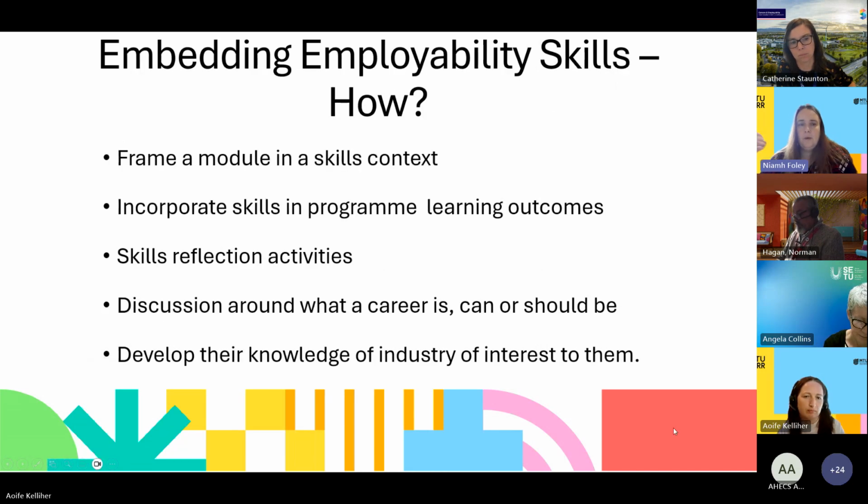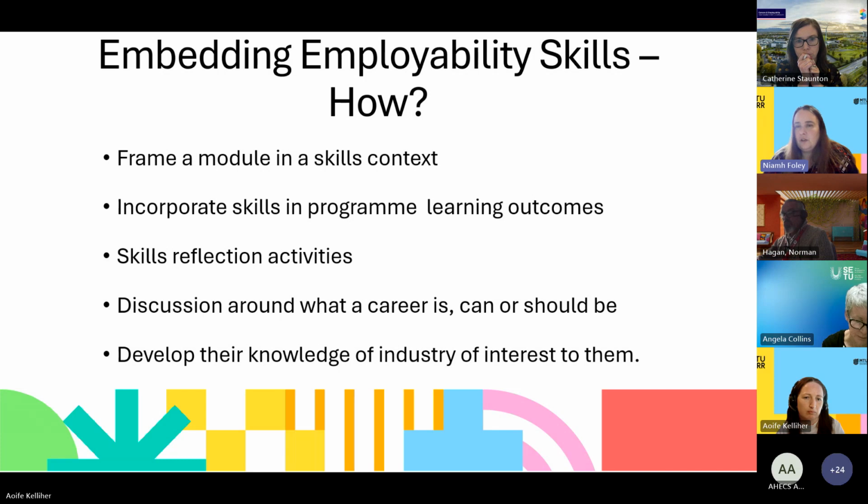So it's important, I suppose, how do we frame a module in a skills context? If we're doing a project, why are we doing the project? Do we ask the questions, and are we incorporating those skills and utilizing reflective activities for our students so that they're actually linking what they learn to the skills, to the environment section that they want to make a career around?